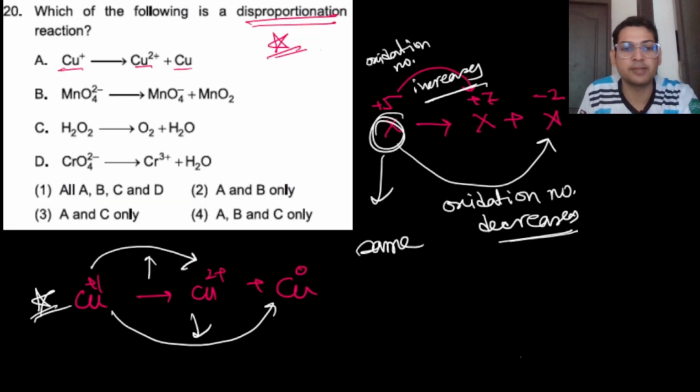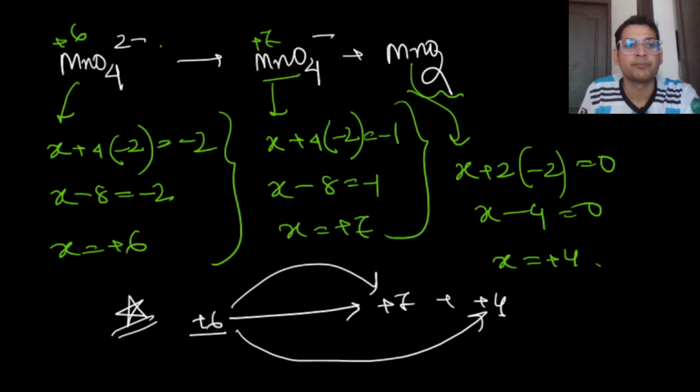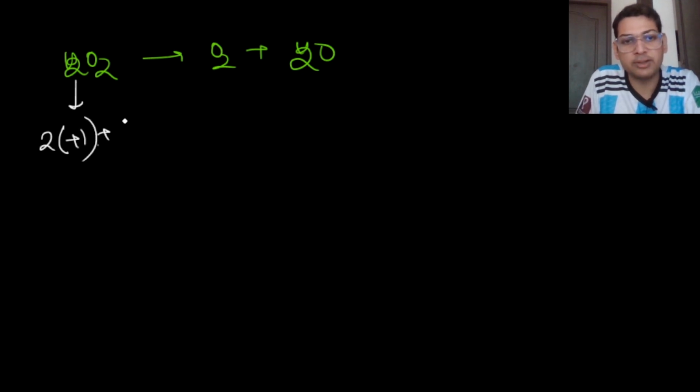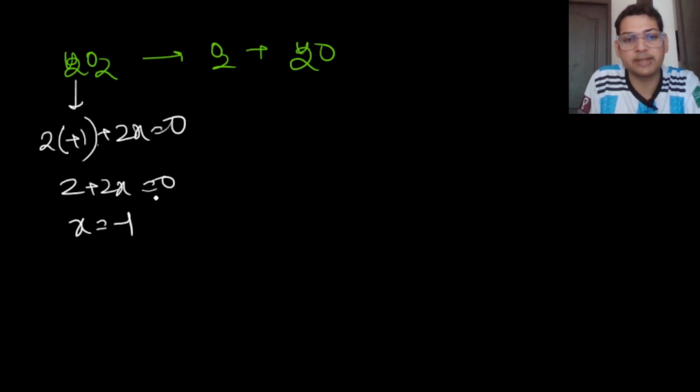Then H2O2, that part we have to do. So H2O2, from here it is getting O2 plus H2O, I guess. So H2O2, if I do for oxygen, 2 hydrogen will be 2 into +1 plus oxygen I will take X. So 2 plus 2X equal to 0, X equal to -1.